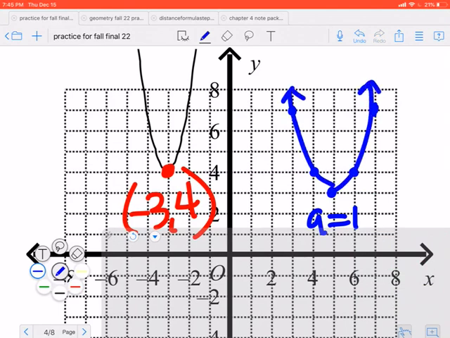But the point is, when you go over 1, how much is it going up? Looking, I'll use green. Over 1, 1, 2, 3. So a is 3.